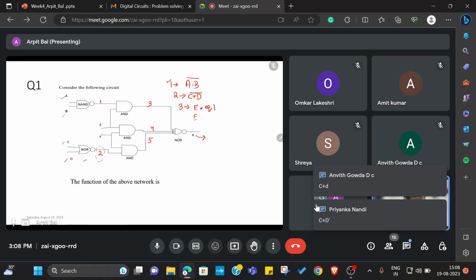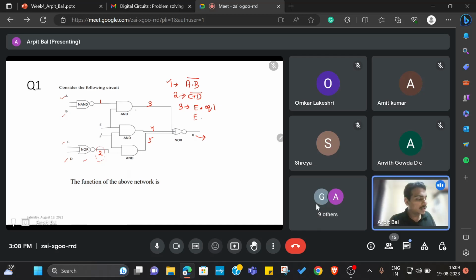That's an OR gate. So in third, it will be E·EQ1, and EQ1 is E·A·B bar. For the next one, that is fourth, we have E·F. Fifth we have equation 2·F. Equation 2 is (C plus D bar)·F. Now we need to find the resulting equation at node X.